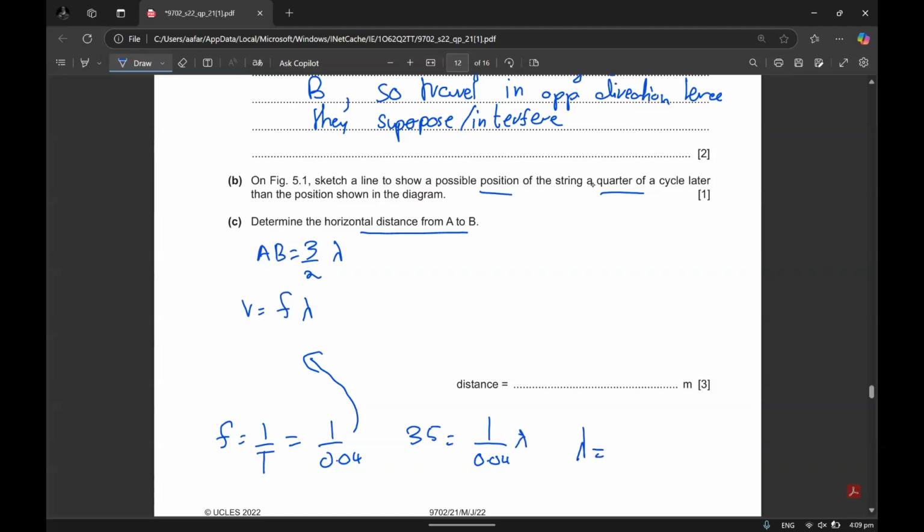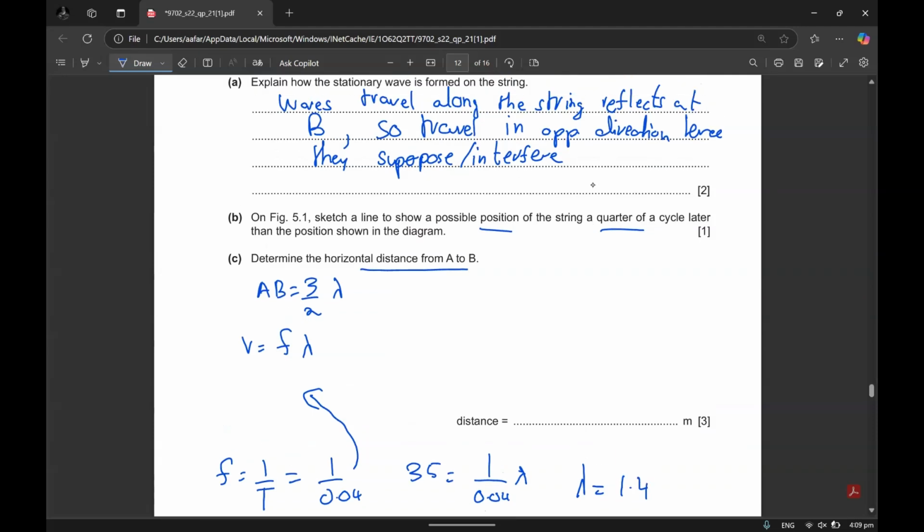Lambda we get is 1.4. Now we just put this over here. AB is equal to 5 over 2 times 1.4, equal to 3.5 millimeter.